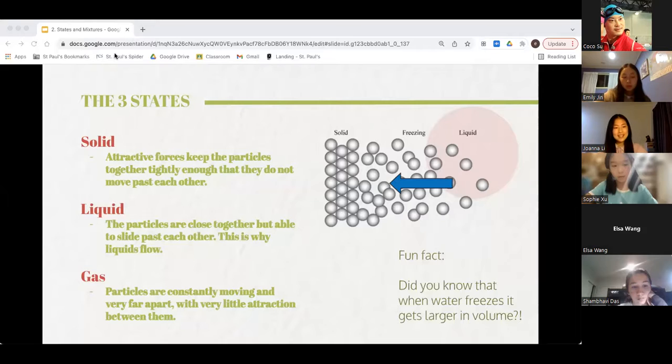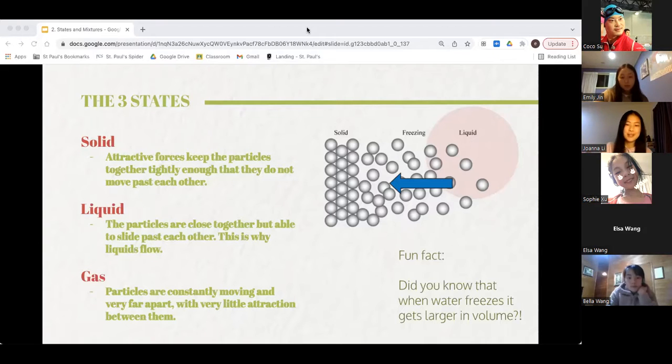And then in a gas, the particles are really far apart compared to solids and liquids, and there's basically no attraction between the individual particles. Because there's so much space, we can easily compress them. The individual particles are always moving, but the gas particles move the most.